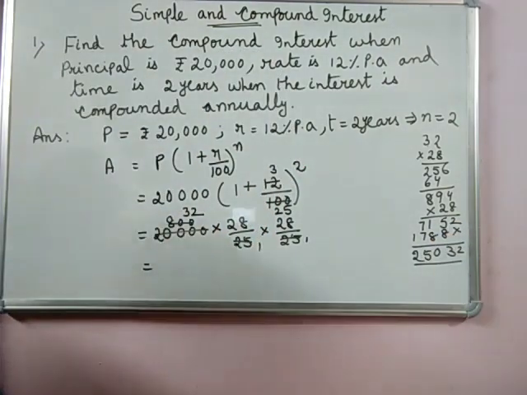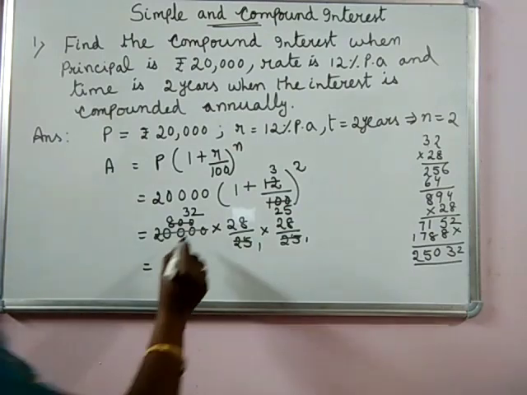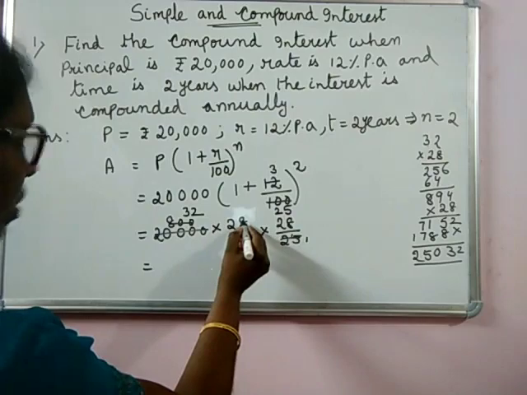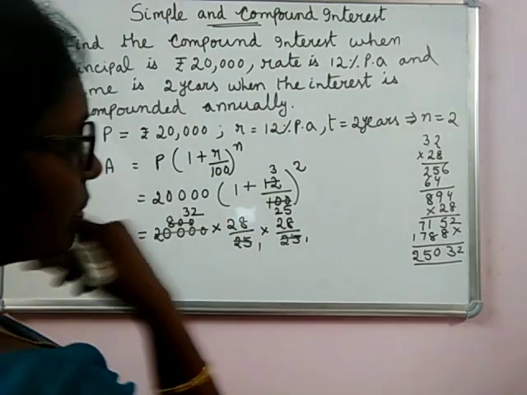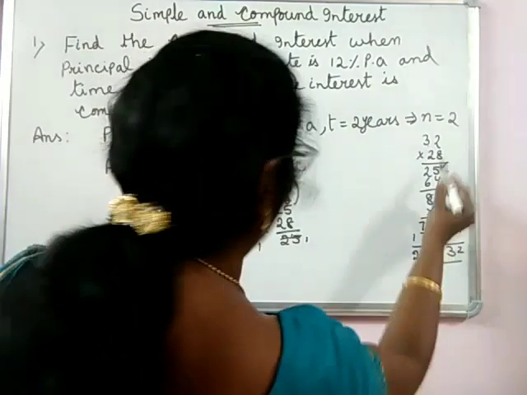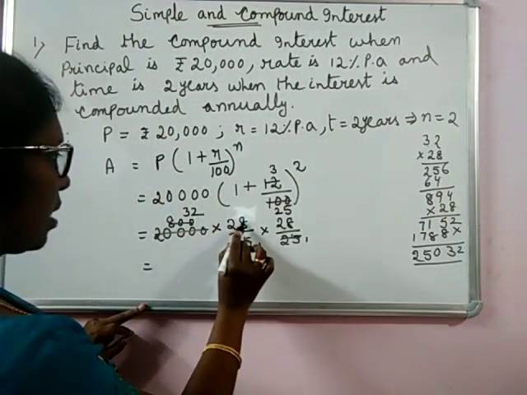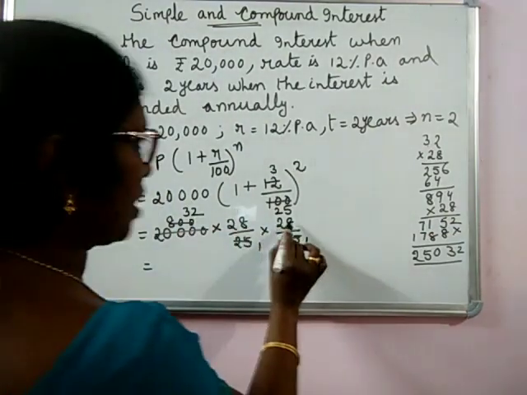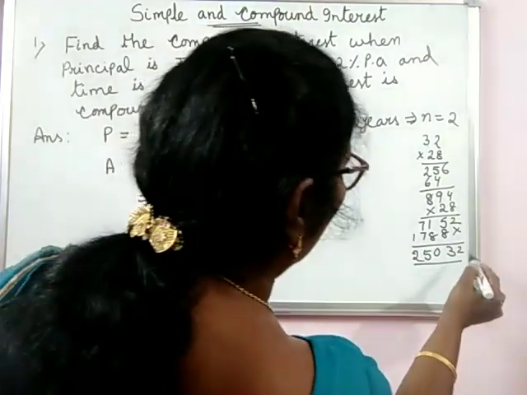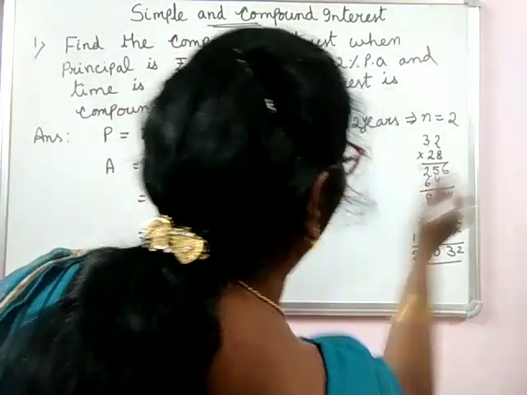Correct. Where is the mistake? 32 into 28 is 16 or 16 8 means 8 should come. Where is the mistake I made?